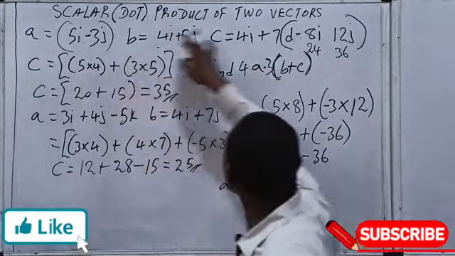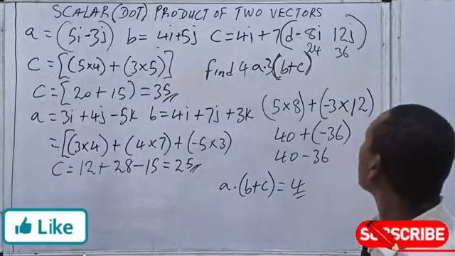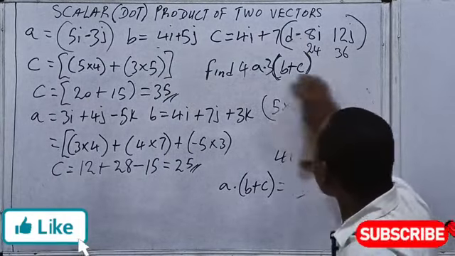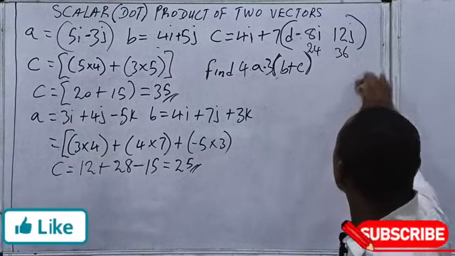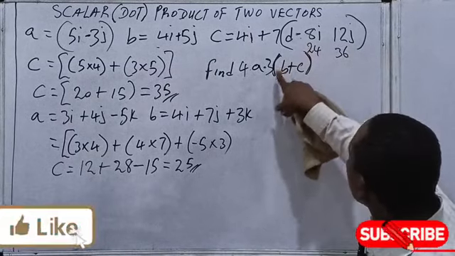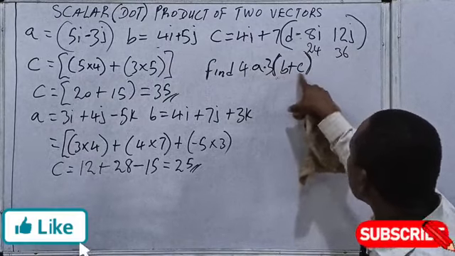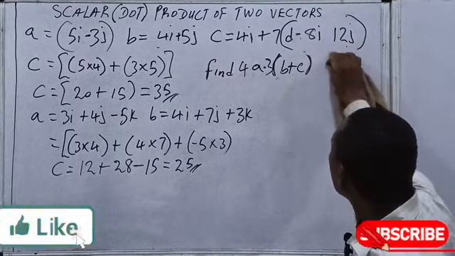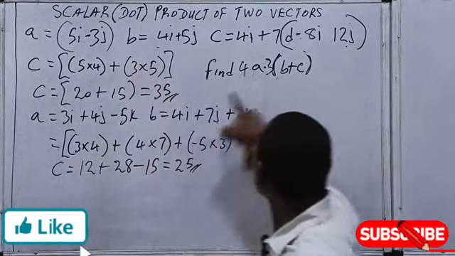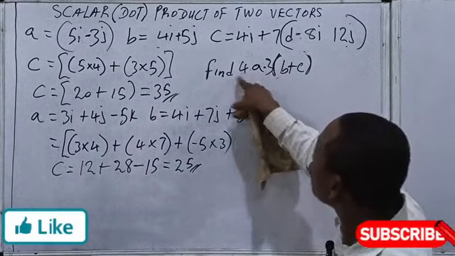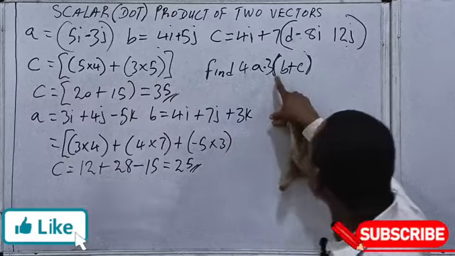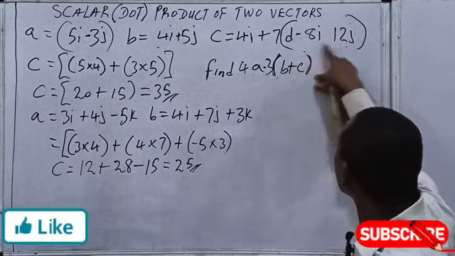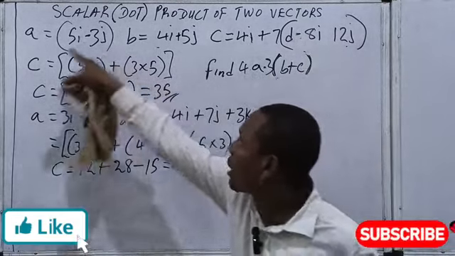Let me clean the board so that it will not be too confusing. All right. So I want you to take this as assignment. I looked for B and C, so I added B and C vector and I got this. Now, you're going to look for the dot product of 4A, which means that you use 4 to multiply this, then 3 times B plus C. So this one, you use 3 to multiply this, you use 4 to multiply this.